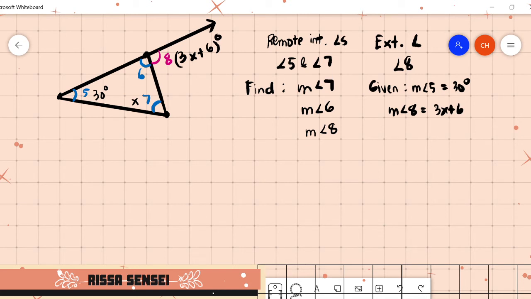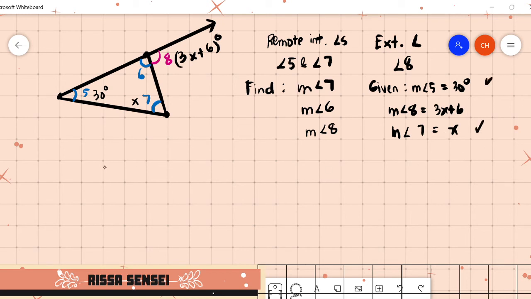So, since we know that the exterior angle theorem states that the sum of the measures of the remote interior angles is equal to the measure of the exterior angle. Ang ating remote interior angles ay ang angle 5 at angle 7. Given naman ito.